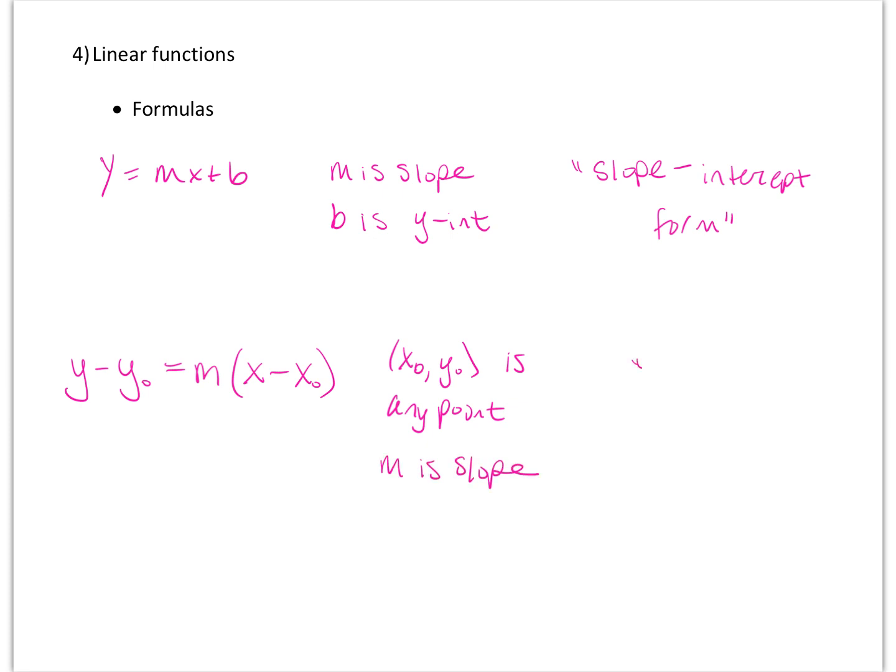And we call this point slope form. So linear functions should be quite familiar to you. You've probably studied them in several math classes before. We will do a little activity later to refresh your memory on how to use these formulas.